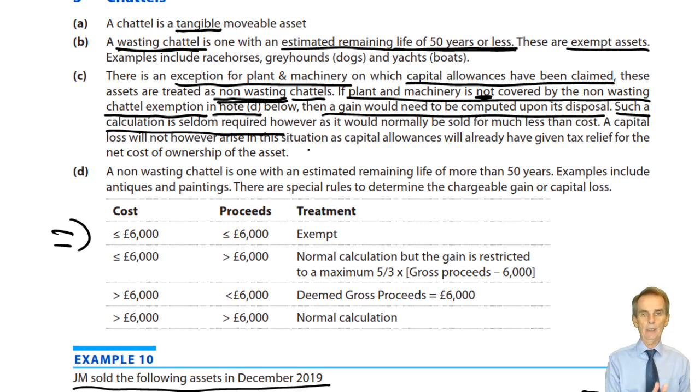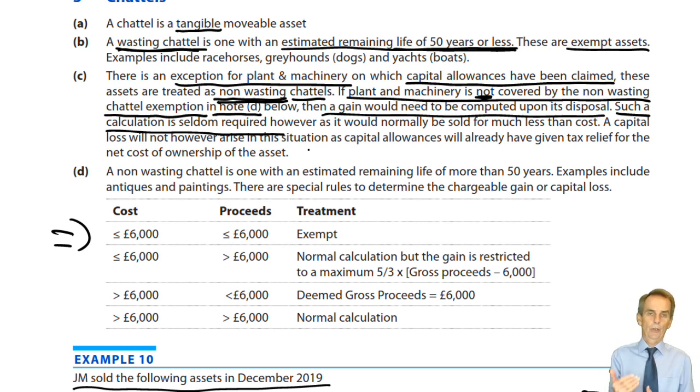Capital allowances have reduced the trading income. You are not going to get, for the same £60,000 loss, both a capital allowance reducing trading income and also a capital loss to reduce the capital gain. That would be giving the benefit, as it were, of the loss relief twice over against both income and also against capital gains. It isn't going to happen.